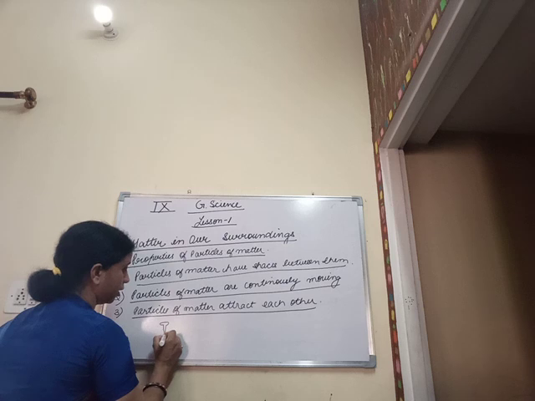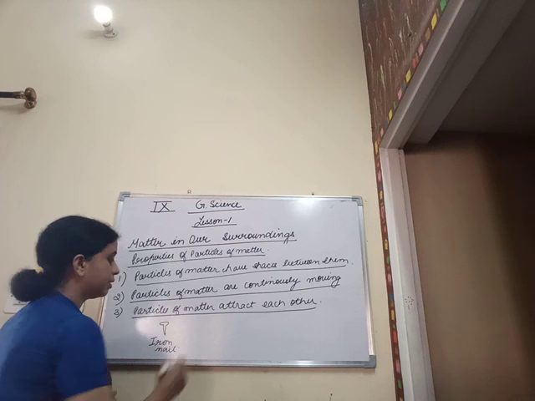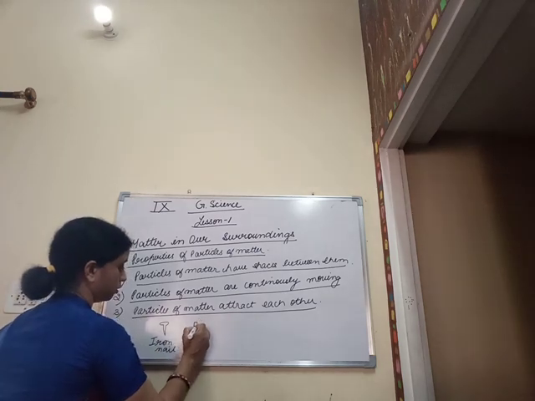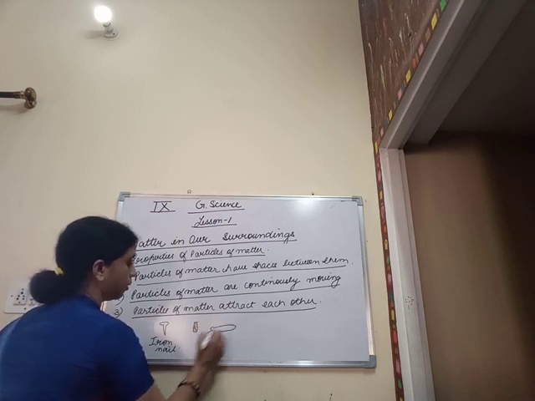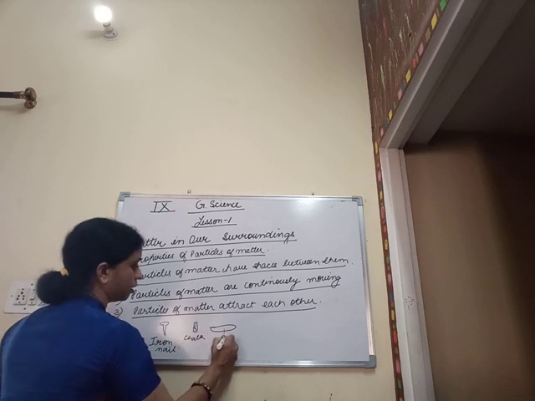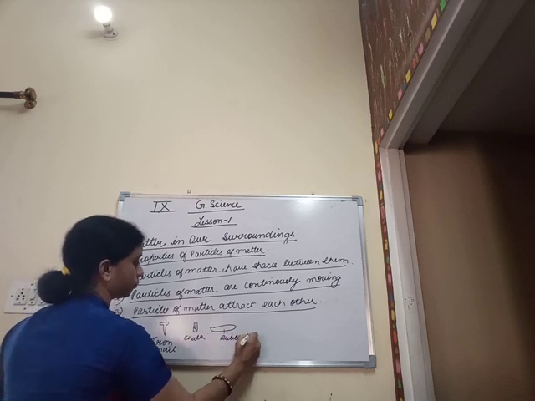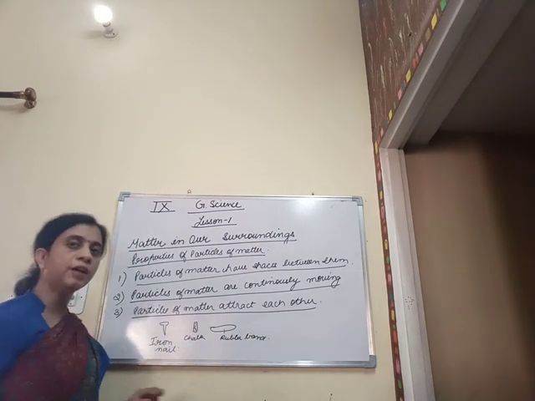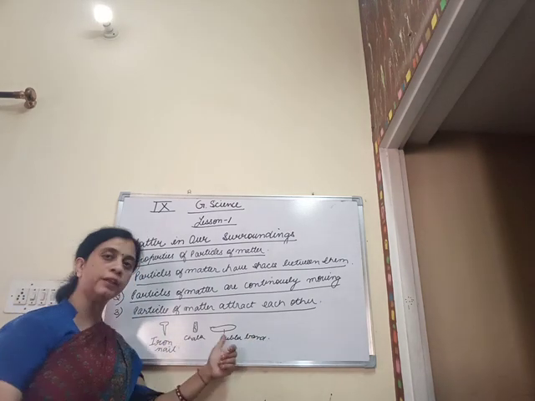Then another activity by which we can very easily understand this is, we can take an iron nail, chalk, and a rubber band. Now we start hammering all these three articles.